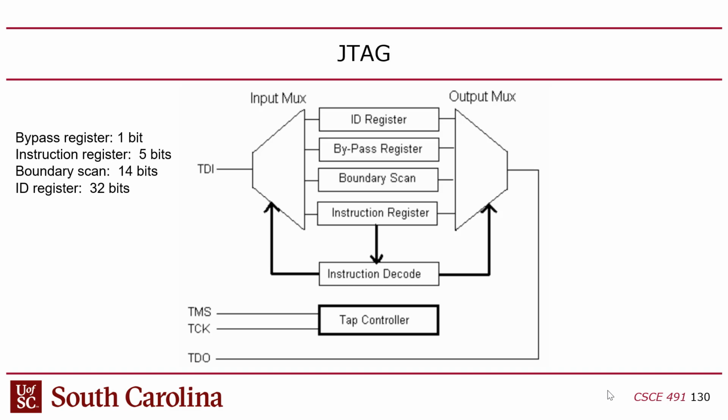And that state diagram is standardized, by the way. So I'll use a sequence of TMS bits to get it into the instruction state, and then I put in the ID register instruction, and then I switch to the data register state, read in the data, and that'll tell me who's on the bus.